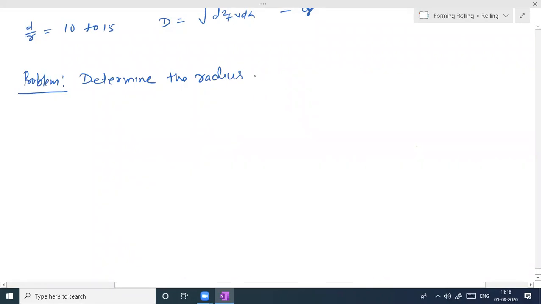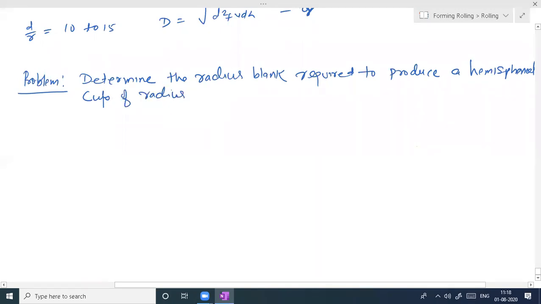Determine the radius of blank required to produce a hemispherical cup of radius 200 mm.